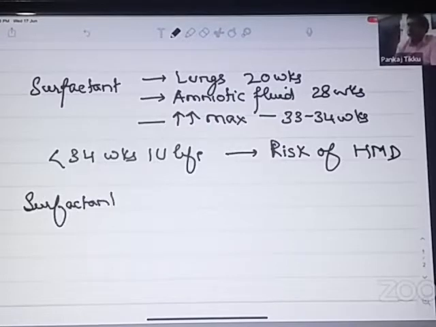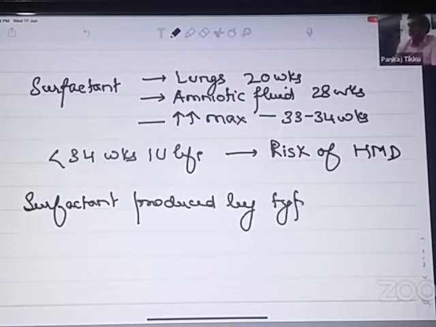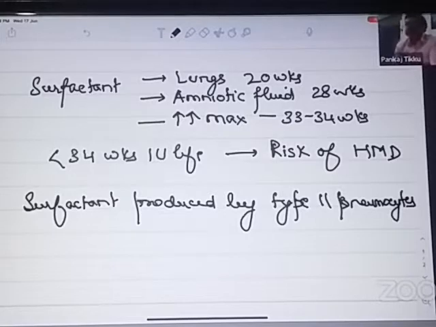Surfactant is produced by the type 2 pneumocytes. So they are produced by cells which are lining the alveoli, which are the type 2 pneumocytes. Right? Surfactant is made up of phospholipids.